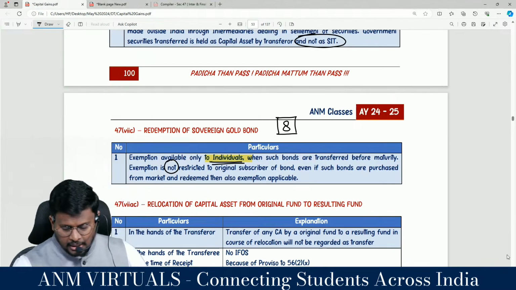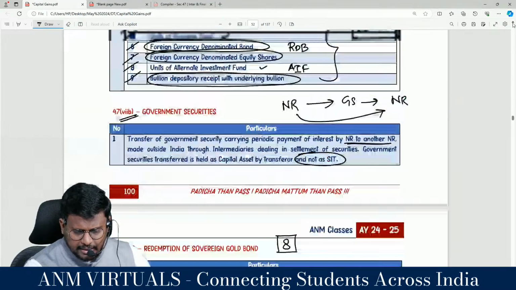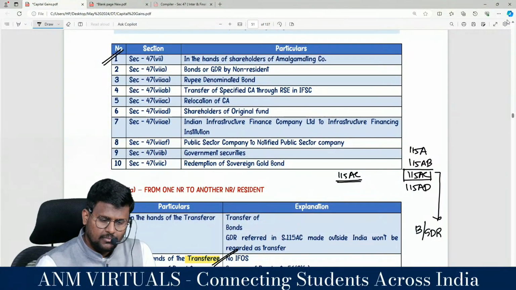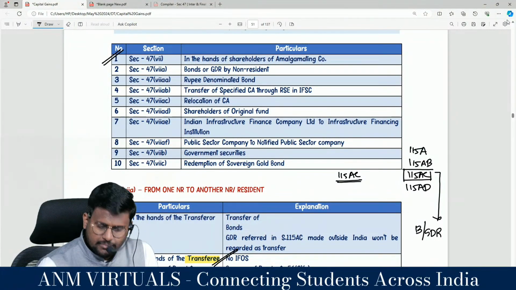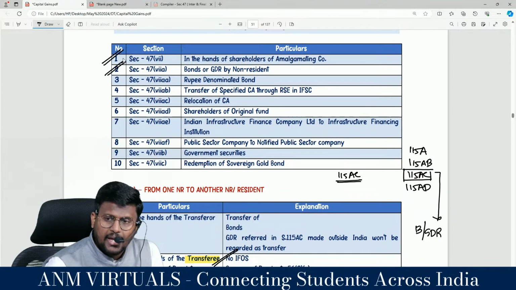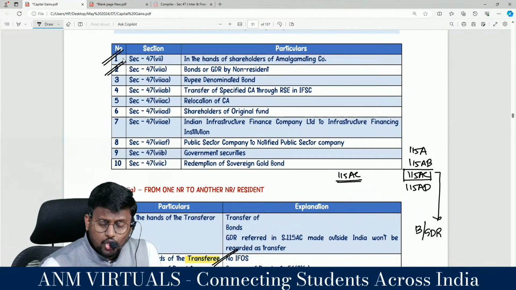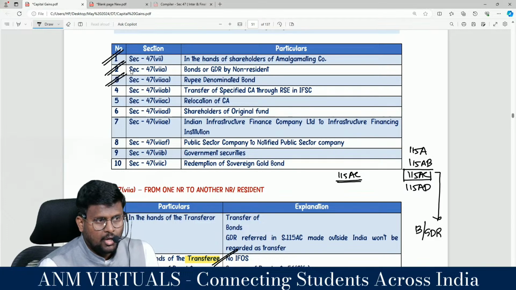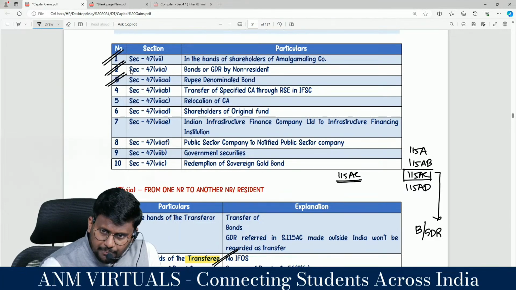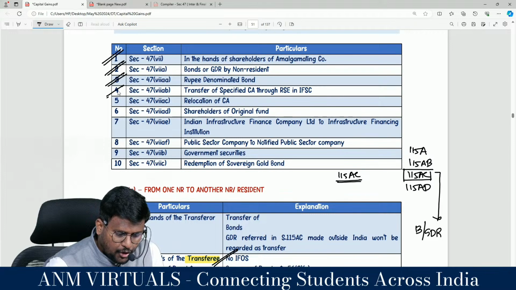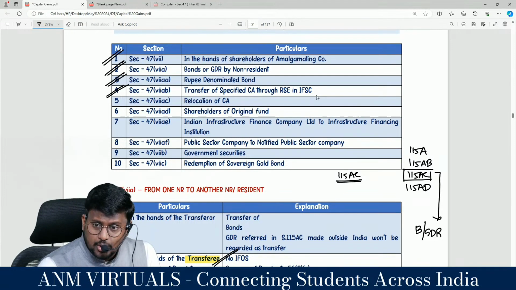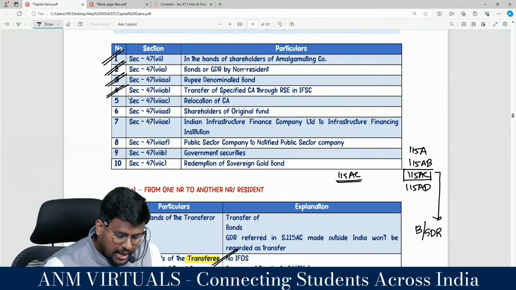Hello sir. Answer the question correctly. What is 47 clause 7? Shareholders of 47 clause 7A: bonds or GDR referred under section 115. 47 clause 7AA: rupee denominated bond held by non-resident to another non-resident. 47 clause 7AB: transfer of specified capital asset through recognized stock exchange in IFSC.